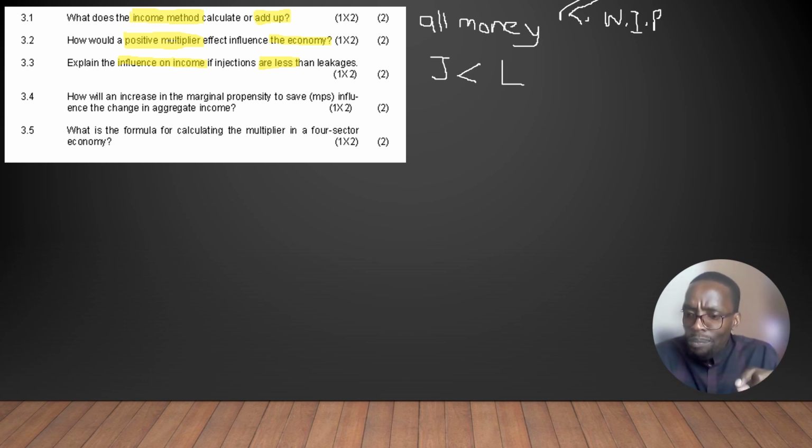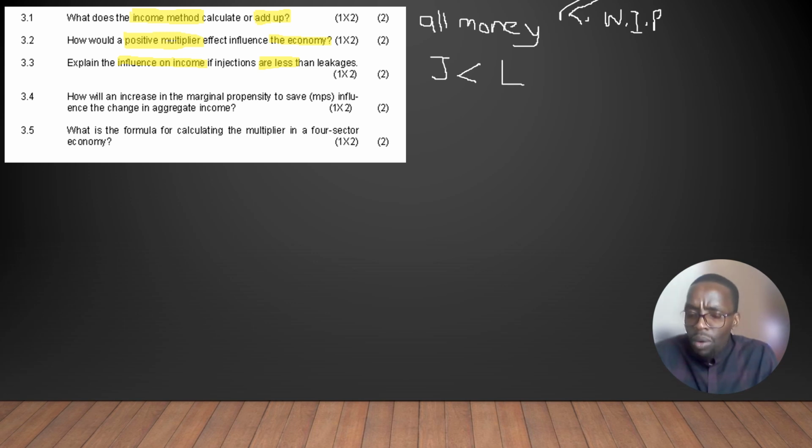The question here says, what will be the effect of an increase in the marginal propensity to save? How is it going to affect the aggregate income?